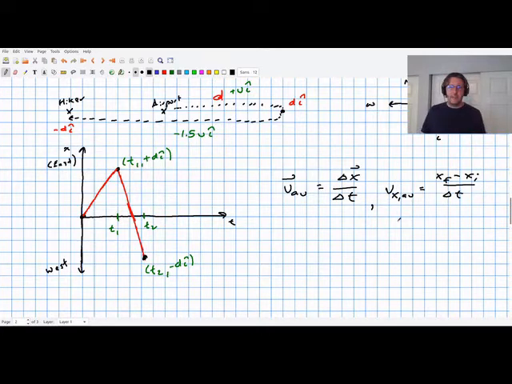So both of those are basically telling me I need to know where it started, I need to know where it ended, and then I will figure out what the velocity is. So let me put in a little bit of information and see if I can use that to figure out what I need to do next.